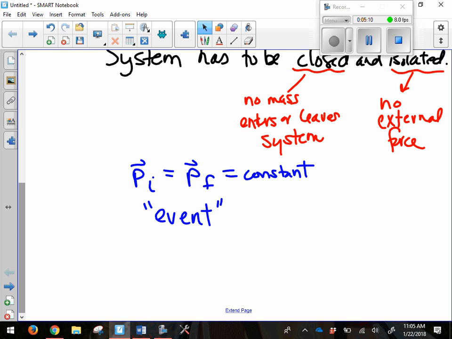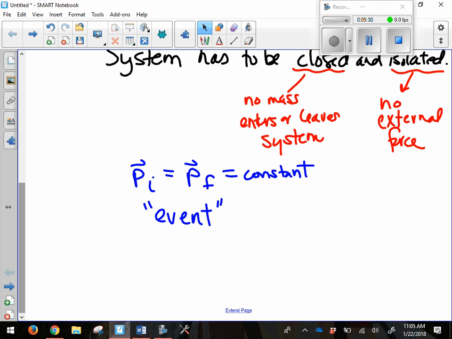And usually the event will be a collision. However, we may talk about momentum in terms of things like objects swooping around planets, satellites swooping around planets and taking what we would call a gravity assist. And that has to do with momentum.